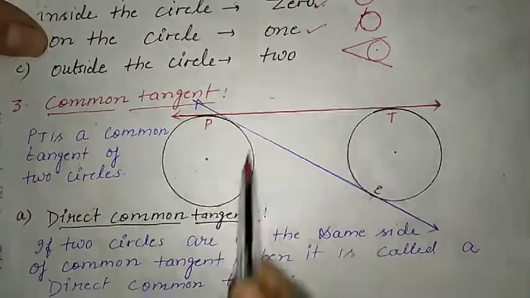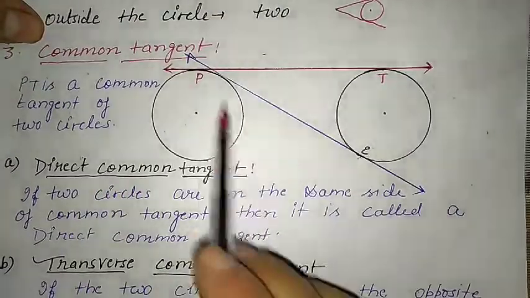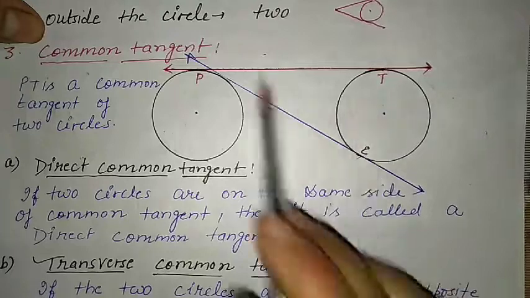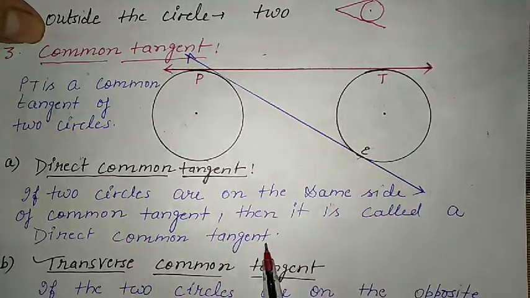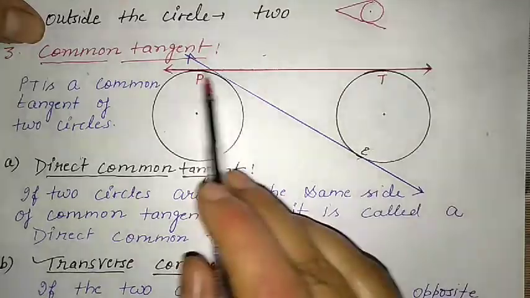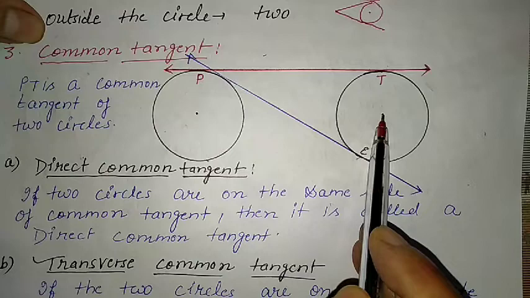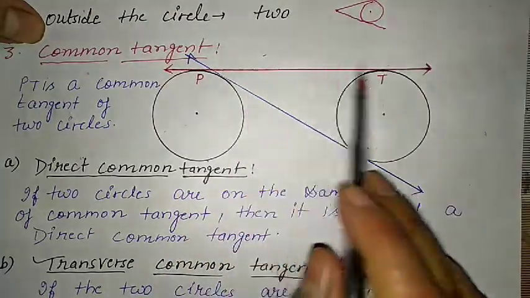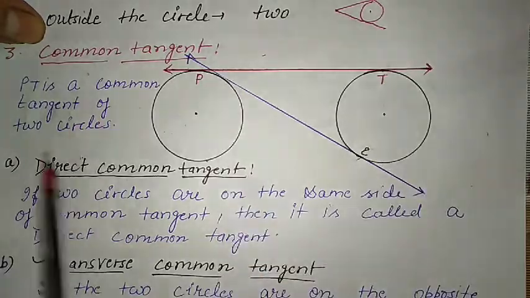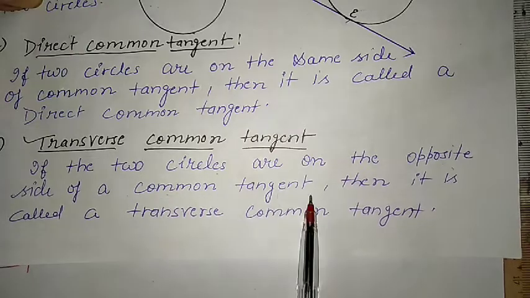Now we have their categories. The first one is the direct common tangent. If two circles are on the same side of the common tangent, then it is called a direct common tangent. Just like PT, both the circles are on the same side of the tangent, so this tangent is known as a direct common tangent.